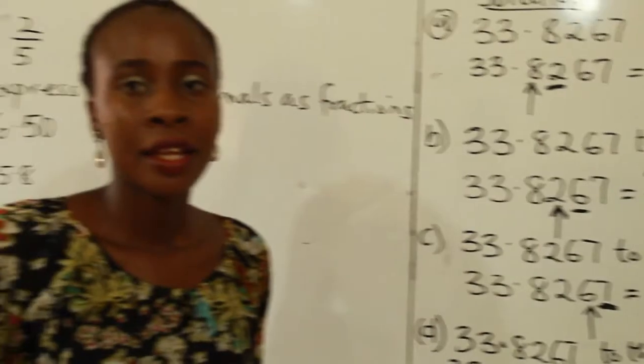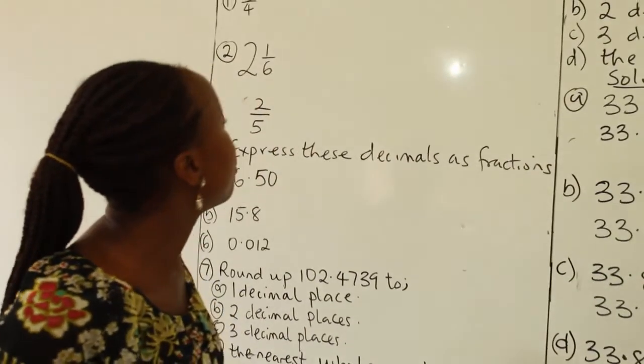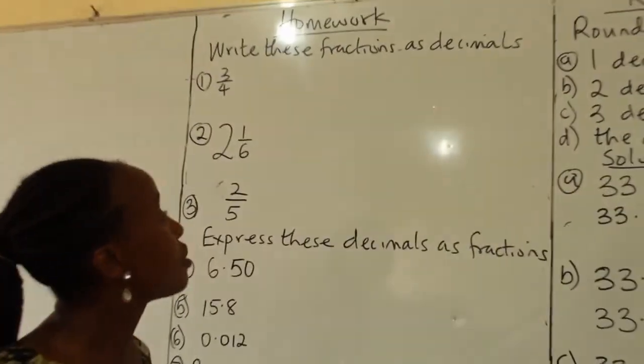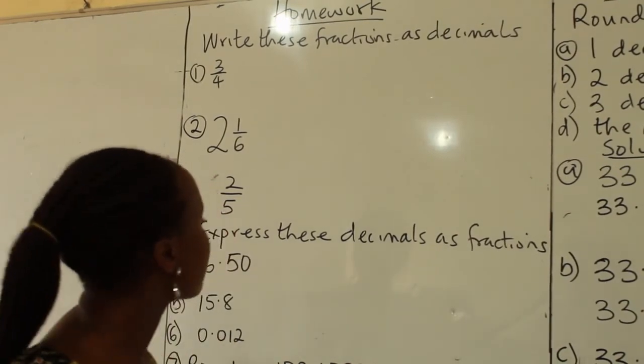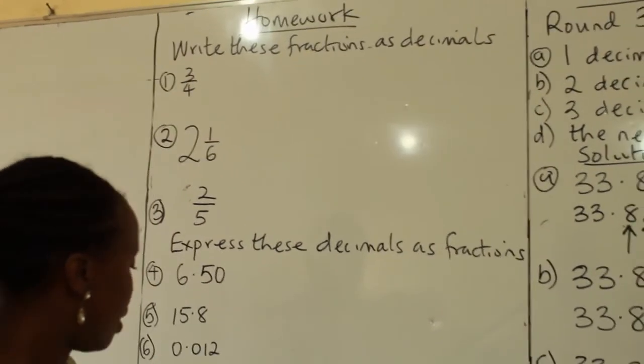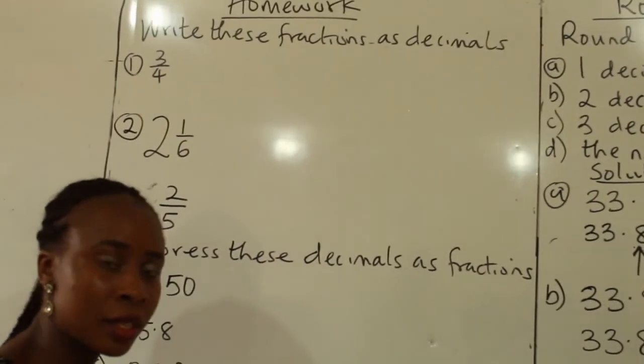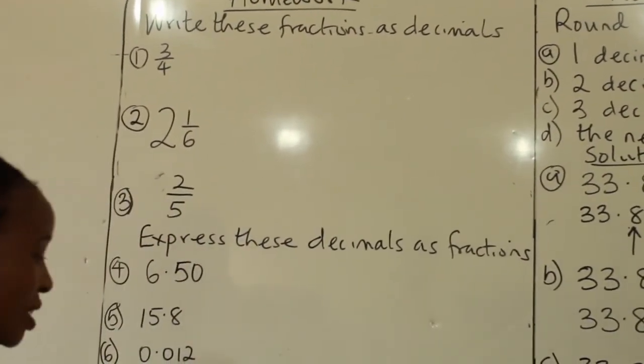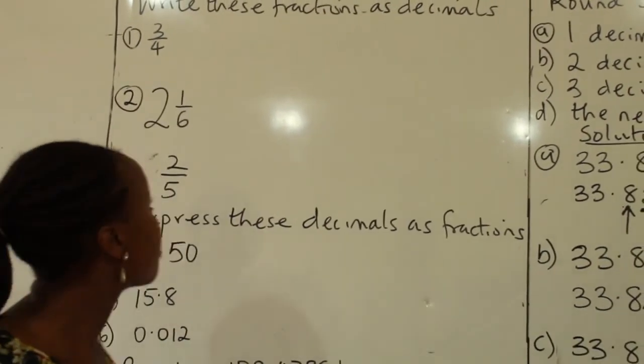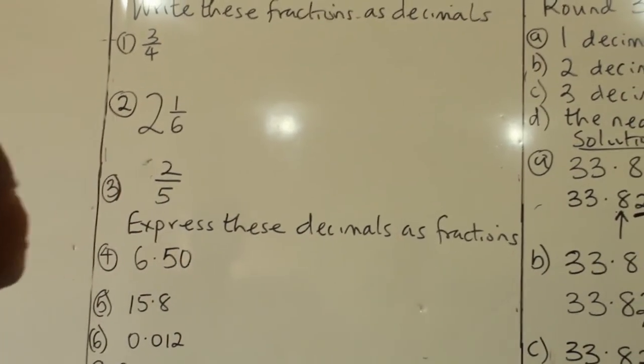Alright, I have an assignment for you. I would like you to take your time and answer the questions and forward your answers to my email or my WhatsApp phone number. Question number 1.